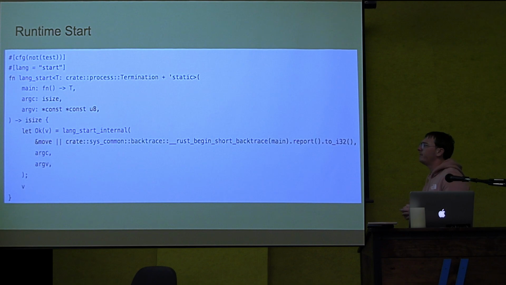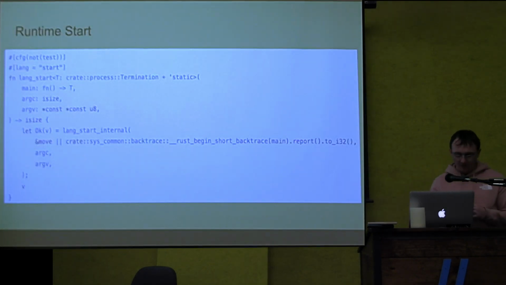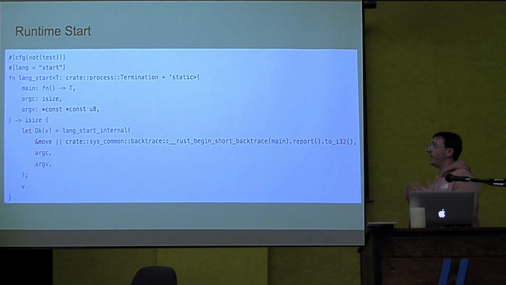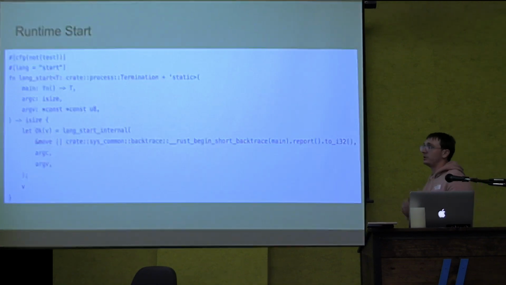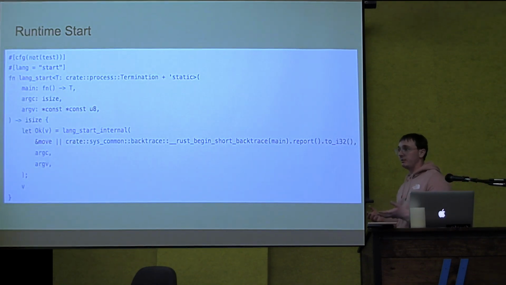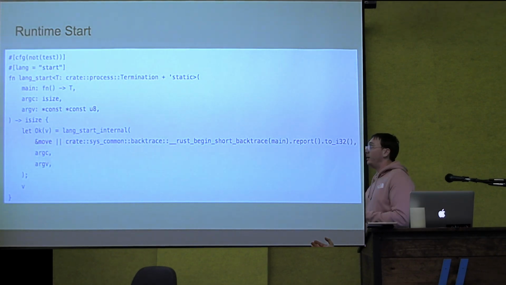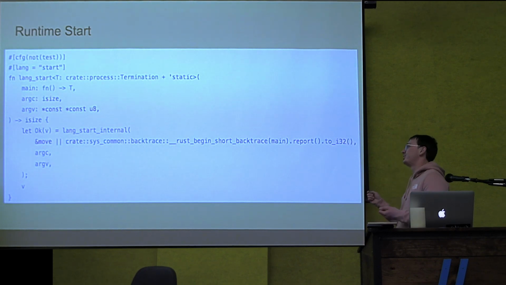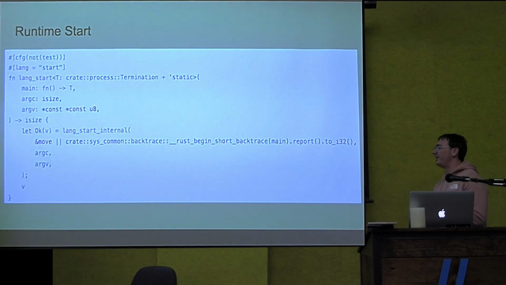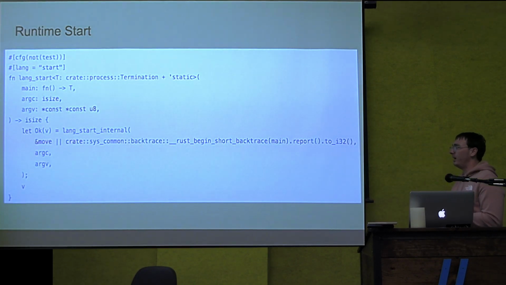We also have, probably very familiar for folks who have written C and C++, and unfamiliar for folks who have come from higher-minded languages, argc and argv. So argc is the number of command line arguments provided to our program, and argv is the string array, or the char star, that is provided to the program.